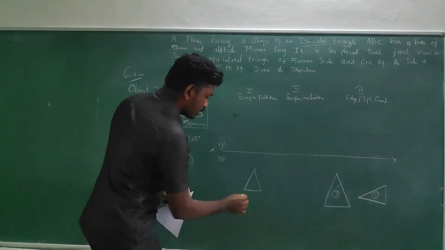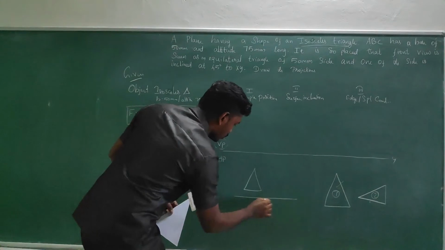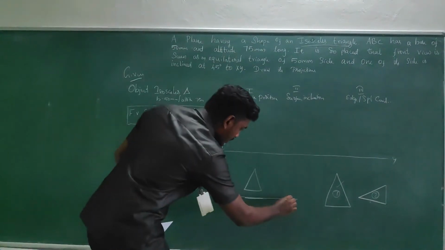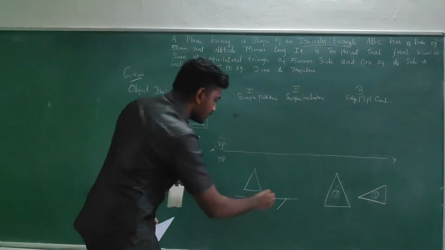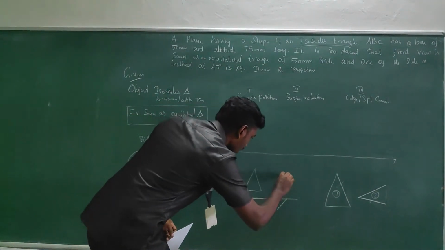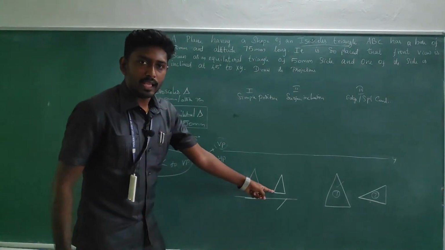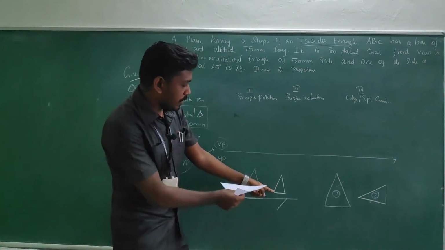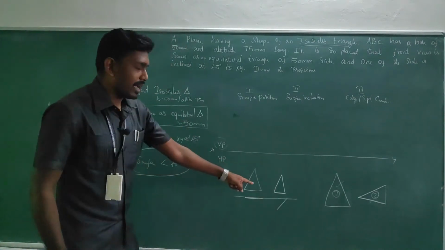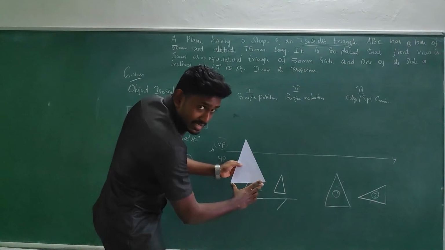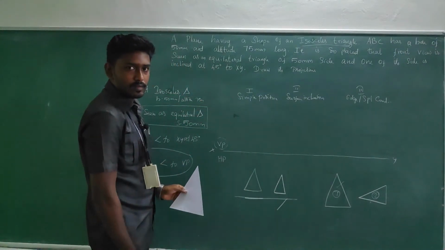If it is the first position, then in the XY you will be getting the straight line. When it is inclined, again you will get the triangle, but it won't be an equilateral triangle, it will be the same isosceles triangle. Think about when it is inclined, its base length will be compressed.